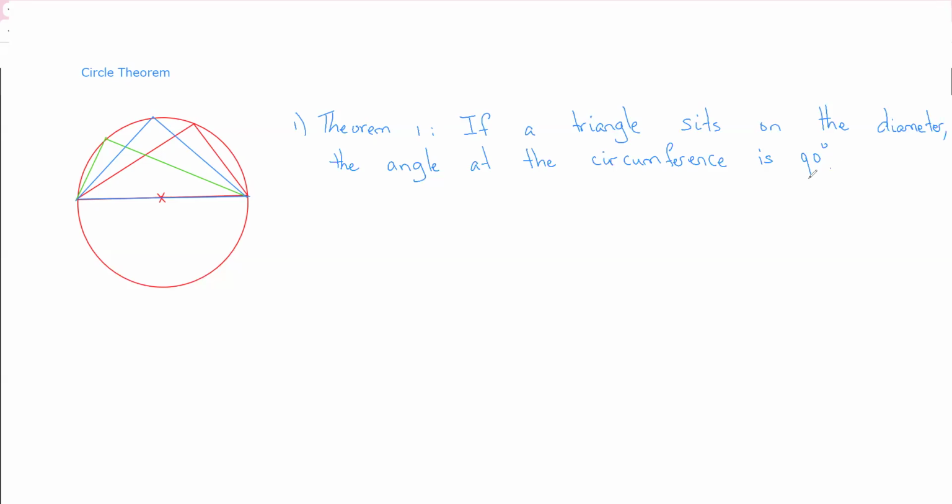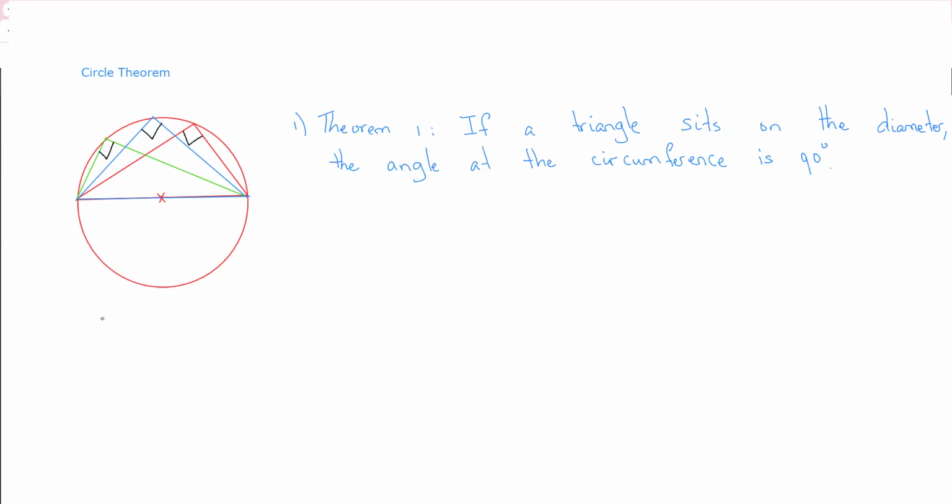Right? So that's a rule. Once you have a triangle sitting on the diameter, the angles at the circumference must be 90 degrees. So this will be 90 degrees, this will be 90 degrees, this is 90 degrees. That's the rule. So we have to remember the rules. That's one.